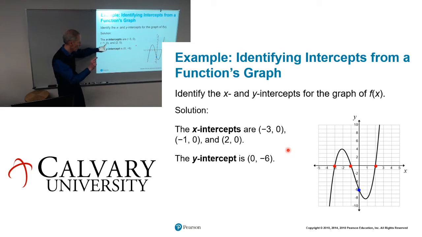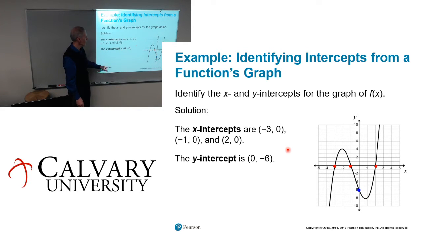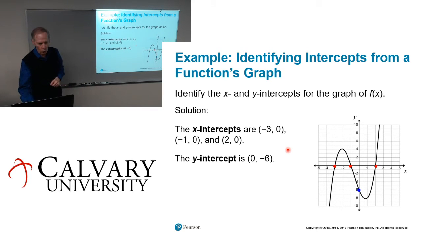So if you think about each of those 3 red dots, the coordinates are (-3, 0), (-1, 0), and (2, 0). But conversely, the y-intercept, the blue dot, is where it crosses the y-axis at -6, but the value of the x-coordinate is 0. All right, so once again, we're okay so far up to this point.